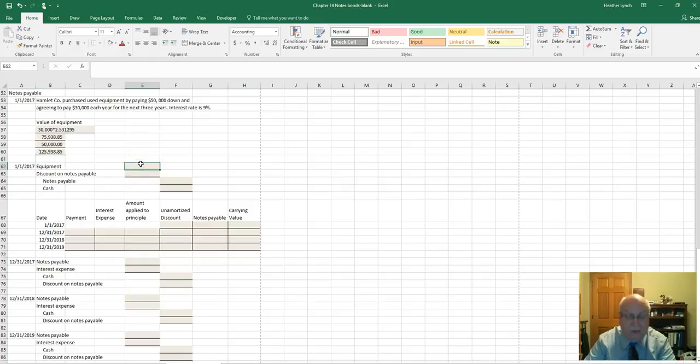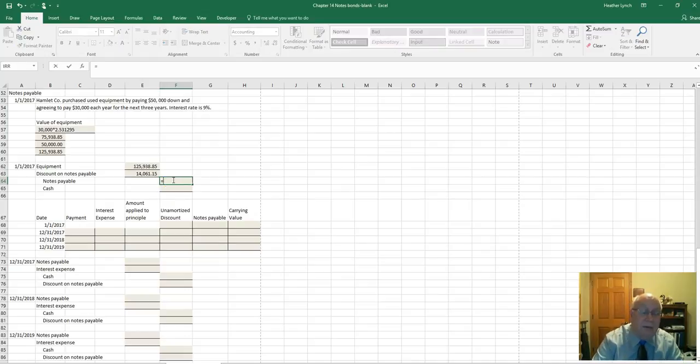So the value of the equipment would be the $125,938.85. The discount on notes payable, well, the total notes payable is $90,000, right? That's $30,000 for 3 years, so that's $90,000 minus the $75,938.85, or $14,061.15.